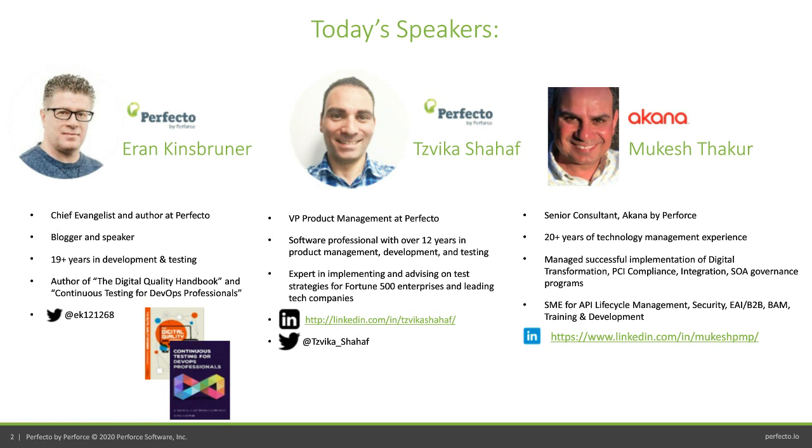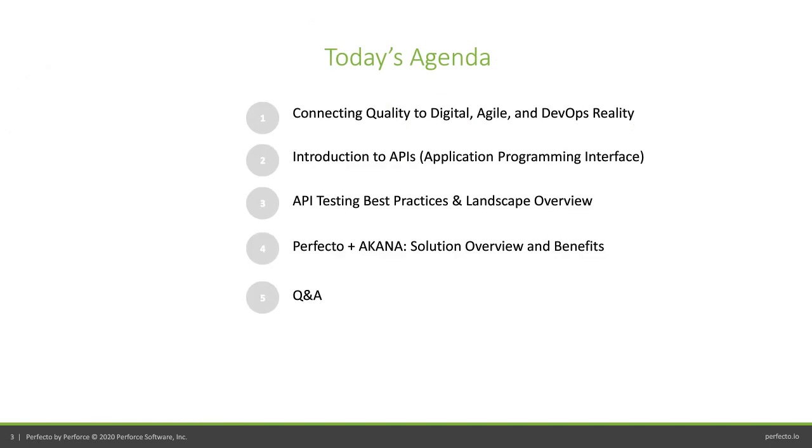Thank you. So today we are going to talk a bit about digital transformation, especially these days where the market is reshaping and changes. We're going to give a brief introduction to what APIs are and a recipe for API testing and API test automation, the importance of API quality as a fundamental building block to the entire application quality.